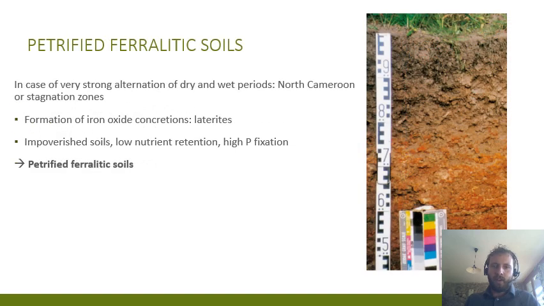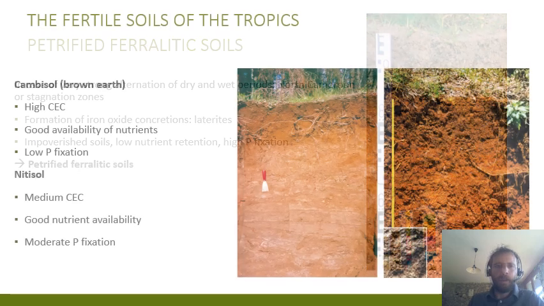We can also find the plinthosol, the petrified ferralitic soil. In case of really strong alternation of dry and wet periods, you can have the creation of this plinthite or laterite, so these hardened iron oxides. So then it's really an extremely impoverished ferralitic soil with low nutrient retention, high P fixation, and with the creation of these iron stones, it is really difficult to manage, also mechanically.